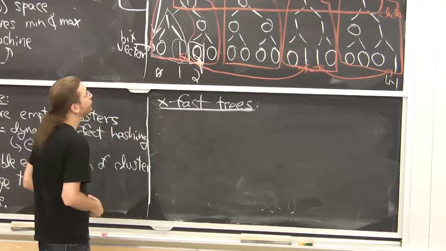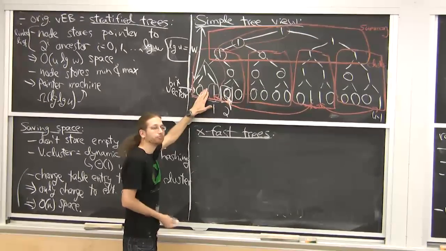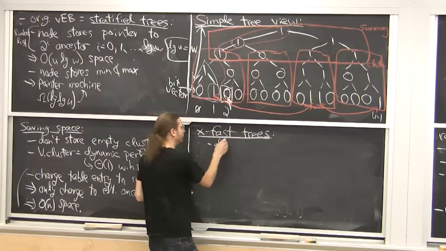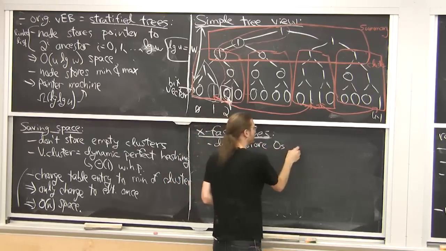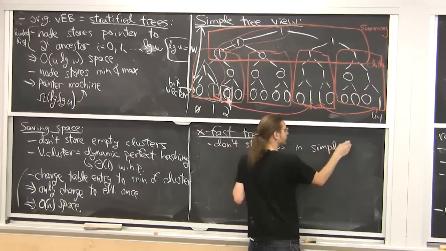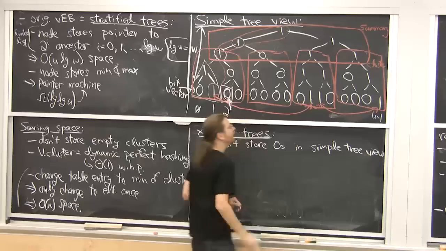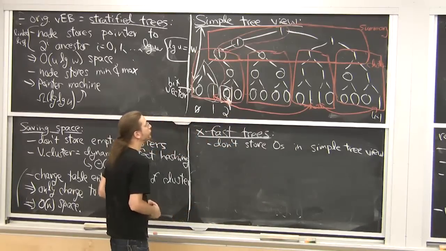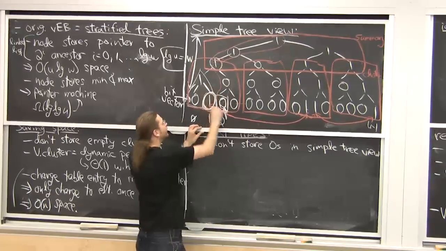Okay, so X-fast trees is: store this tree, but don't store the zeros. Only store the ones in what we call the simple tree view. This is why I in particular wanted to tell you about the simple tree view, because it is really what X-fast trees do. So what do I mean by only store the ones? Well, each of these ones has sort of a name. What is the name of this item?